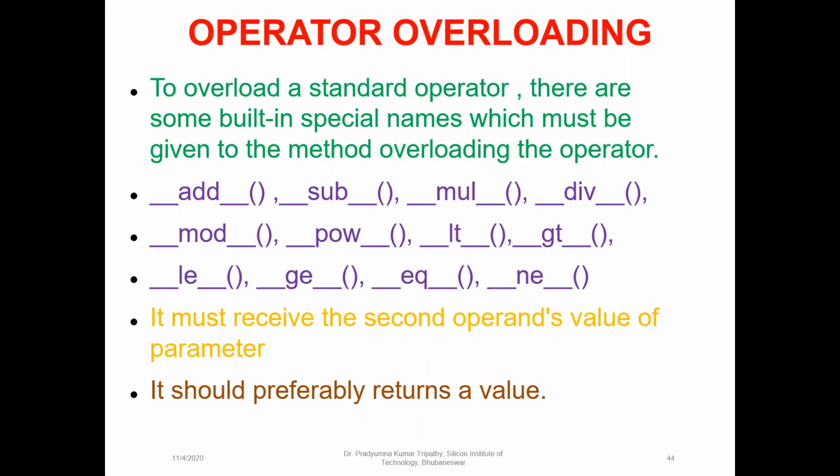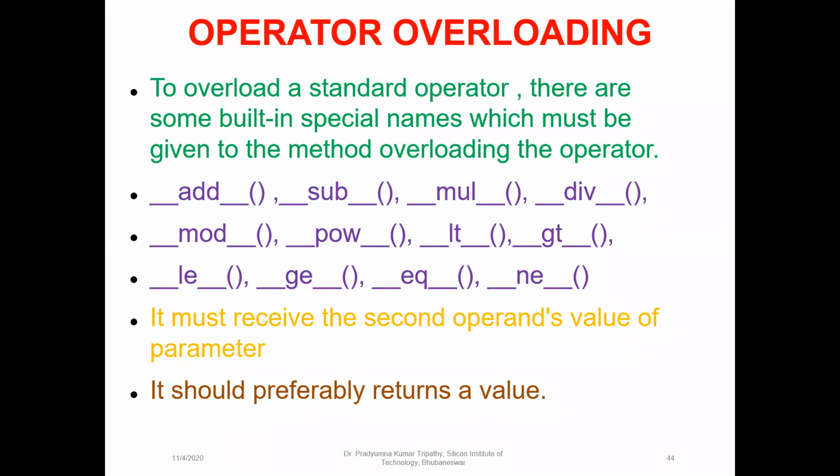We can only overload the existing operator. You are not creating a new operator. Whatever operator is there, you are giving additional meaning. Second point is that you are giving extra meaning. Extra doesn't mean that the previous meaning can be revoked. Previous meaning will be there. You cannot revoke them. You can only give extra meaning to those operators.